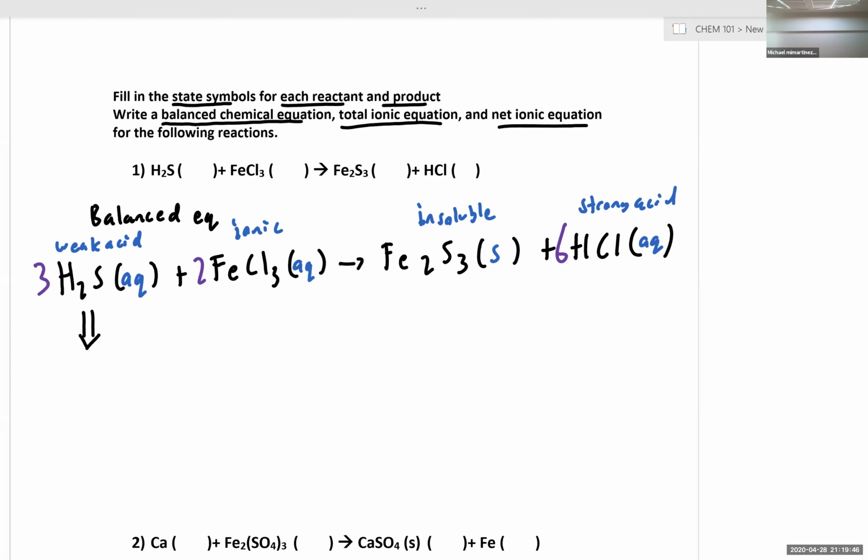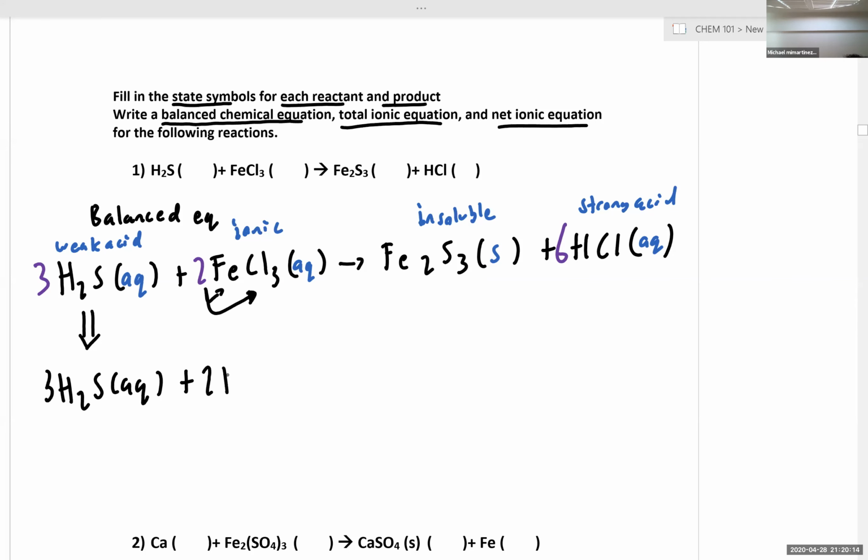No. The reason is that it's a weak acid. Okay, do we dissociate iron 3 chloride? Yes. So then we multiply each of our subscripts by our reaction coefficient.